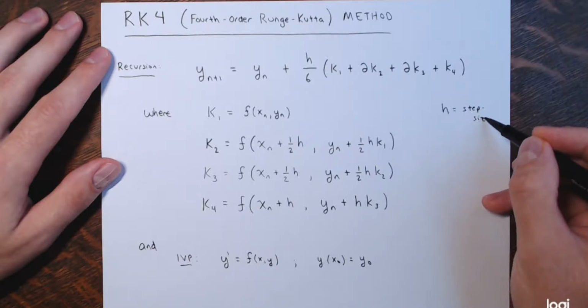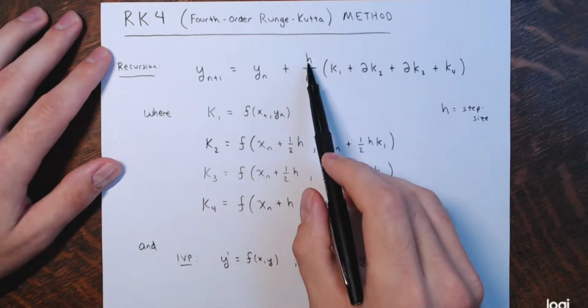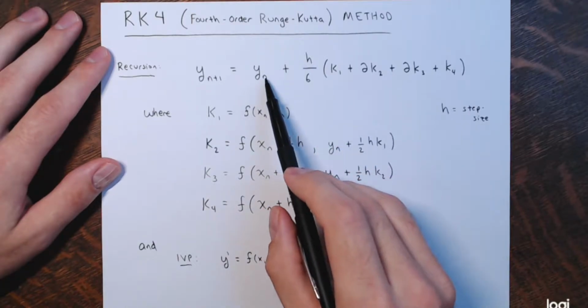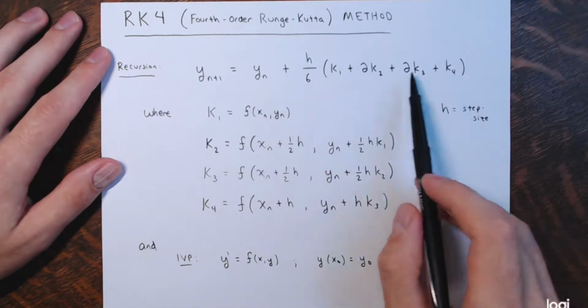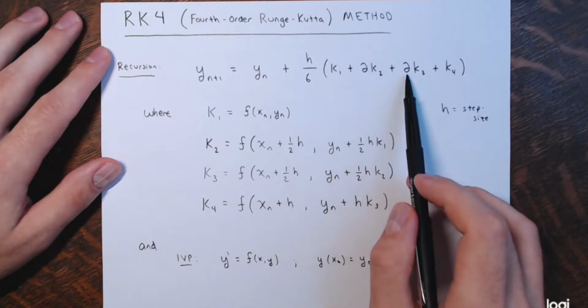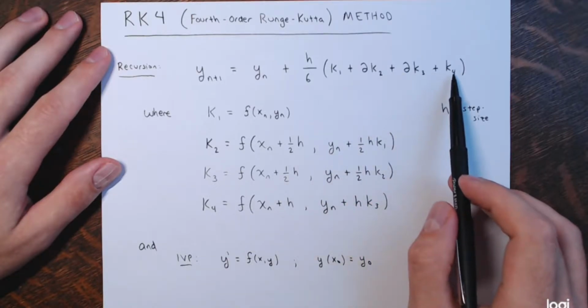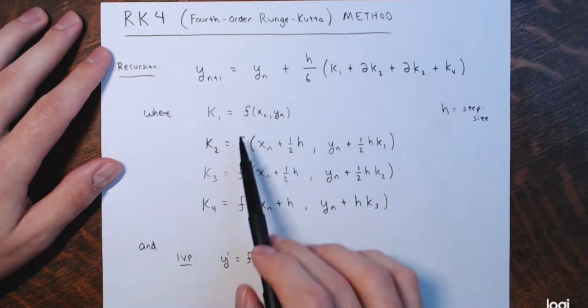You start at some value x sub 0, and then you keep adding this h to get new x coordinates, so it's a change in x. So y sub n plus h divided by 6 times the quantity k1 plus 2k2 plus 2k3 plus k4, all in parentheses, where these k values are found the following way.